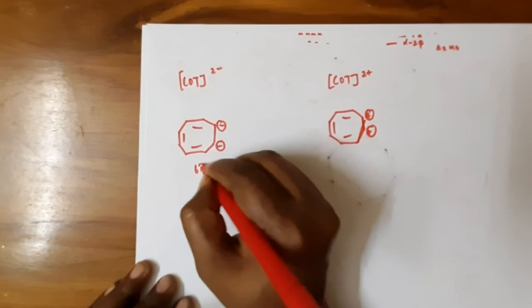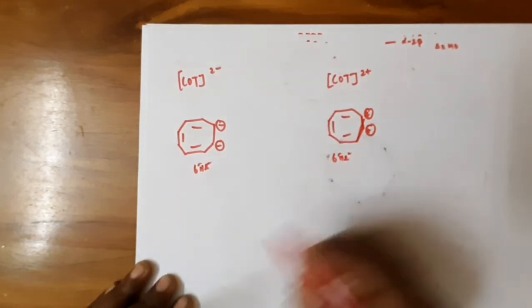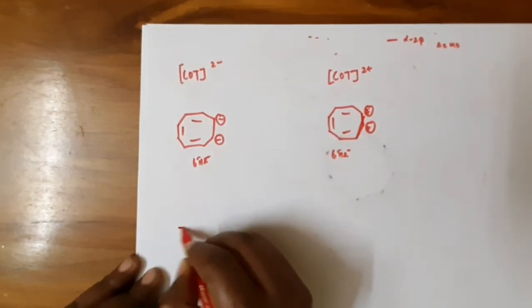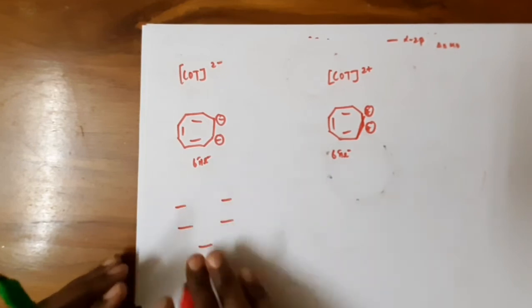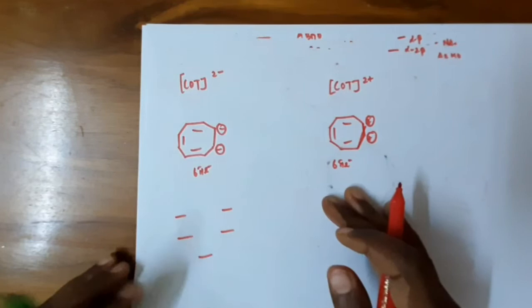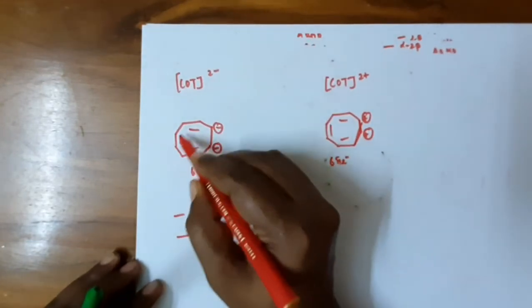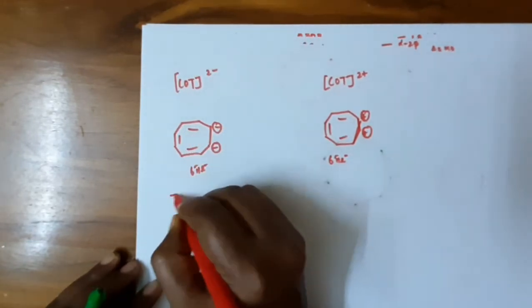Both are having 6 pi electrons. In the Frost circle, so totally 1, 2, 3, 8 carbons. So 6, 7, 8.